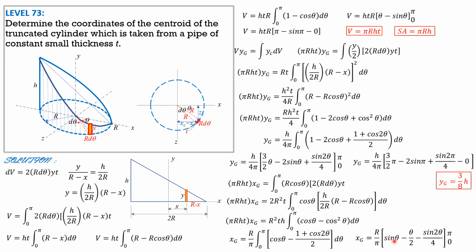Remember, sine of π is 0, so we only consider θ over 2. Taking the sign into account, this is negative π over 2 times r over π. So x_G is negative r over 2. And as I said, G_z by symmetry is 0. So that's it for this problem.